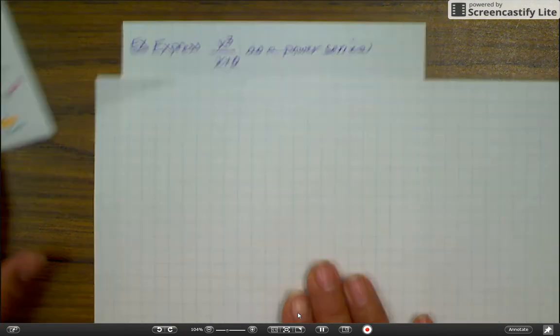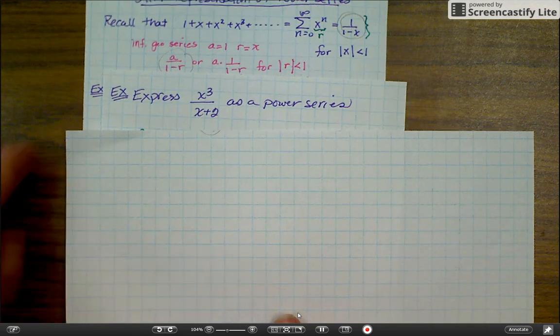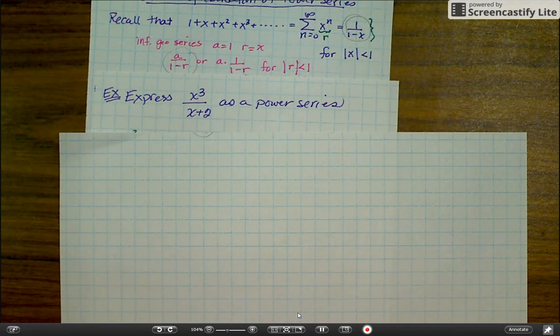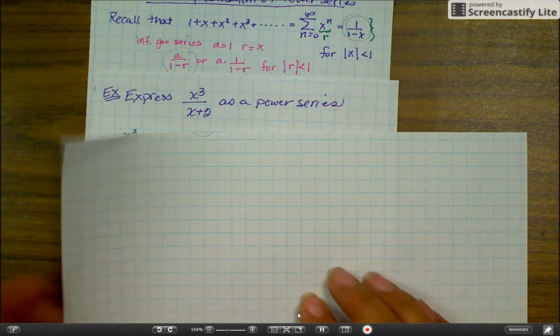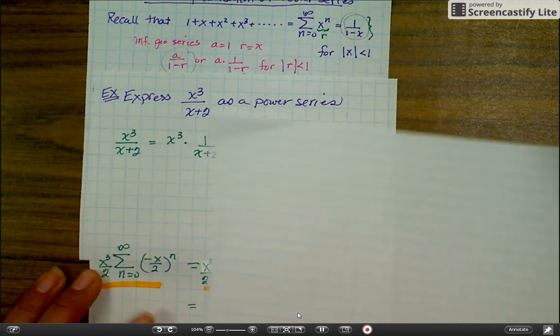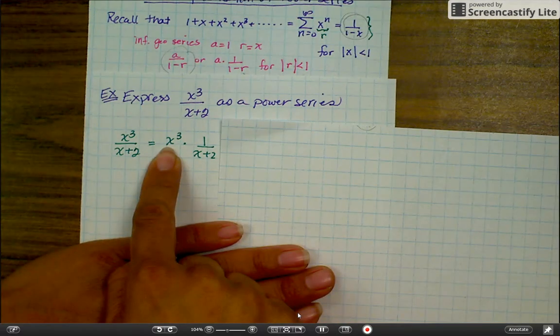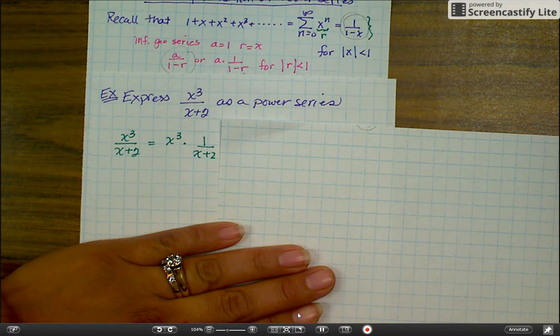Remember, we want to match it up with this guy. This time, in my numerator, I have an x cubed instead of 1, so I would like to get a 1 there. So I can factor that out.